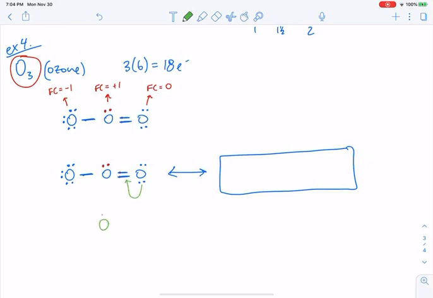Okay, so then that would look something like this, right? But remember, when you take one lone pair and you crash it down, on the other side of whatever that atom is, you have to take that bond and kick it up as a lone pair. You can't do that because then you'd break that bond.